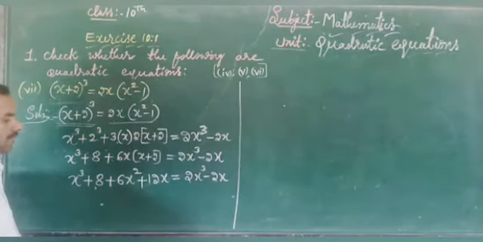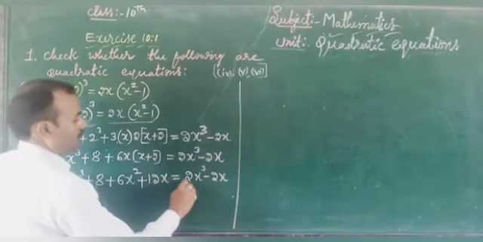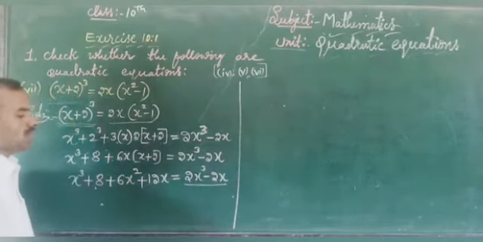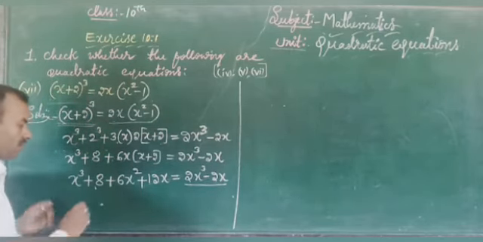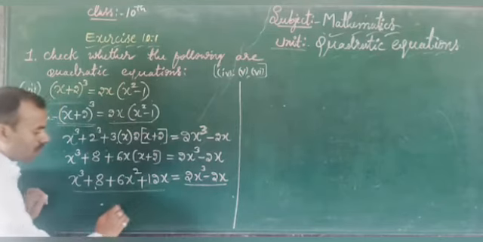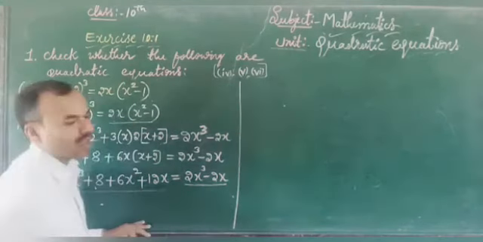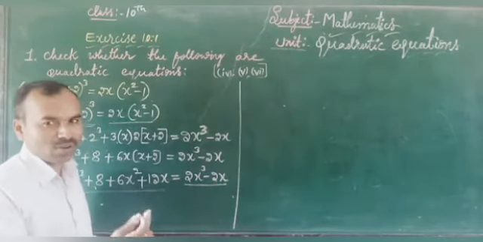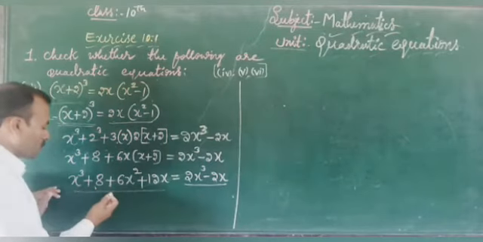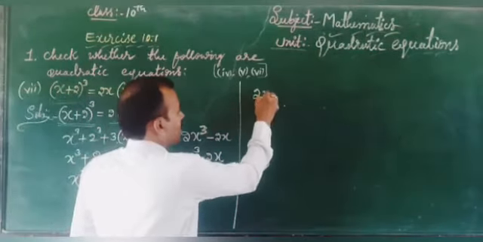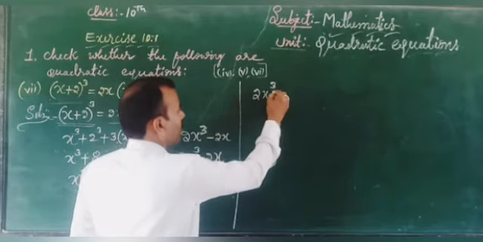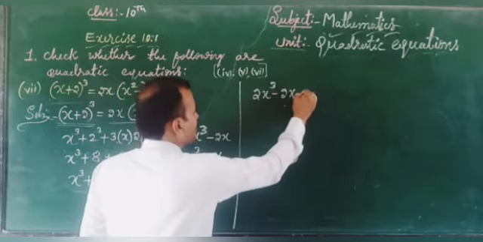So just transpose LHS into RHS. Now I transpose LHS, write RHS as it is, 2x cube minus 2x.